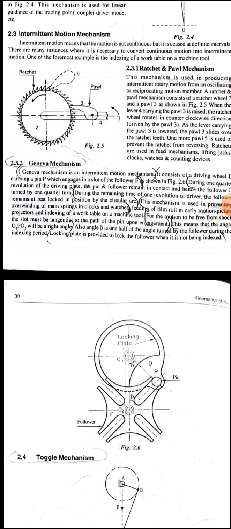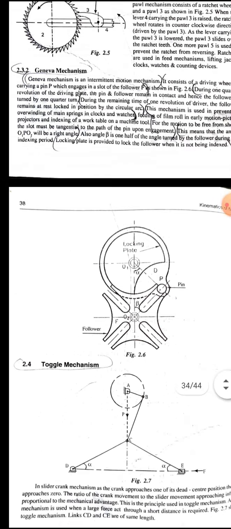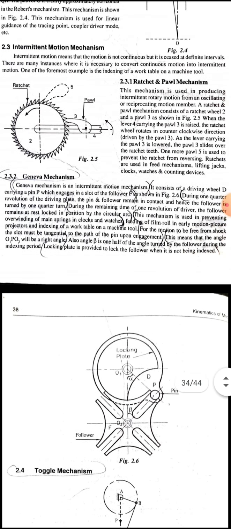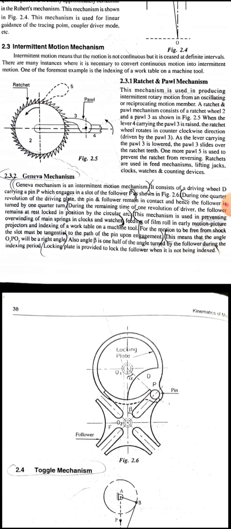Also, the angle beta is half of the angle turned by the follower through the indexing period. The locking leg is provided along the follower. So these are the two intermittent motion mechanisms.